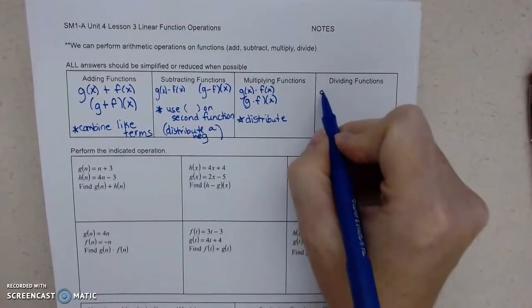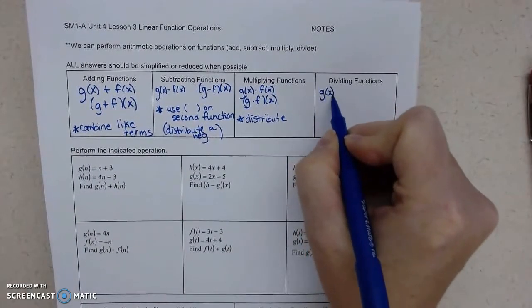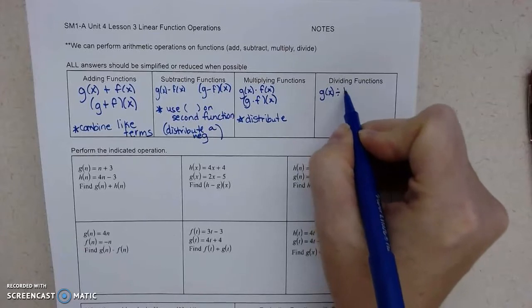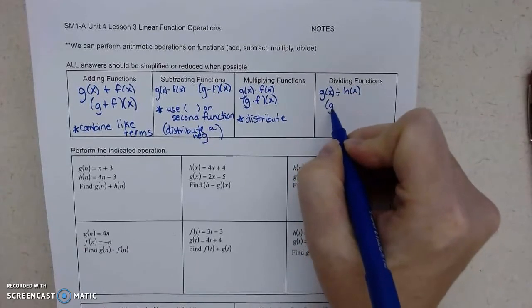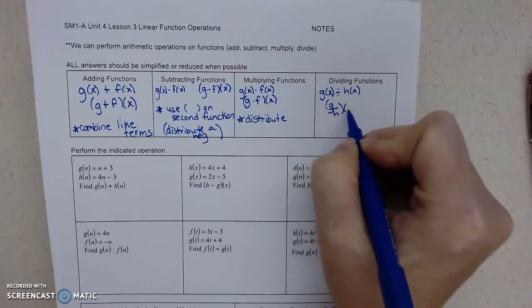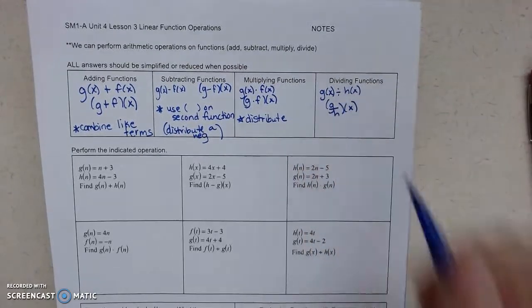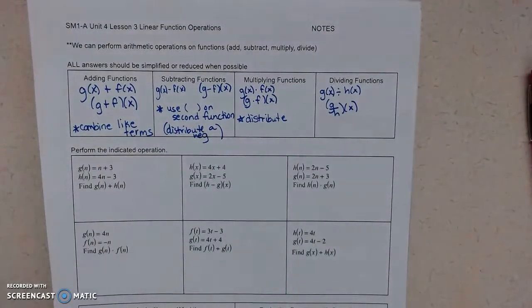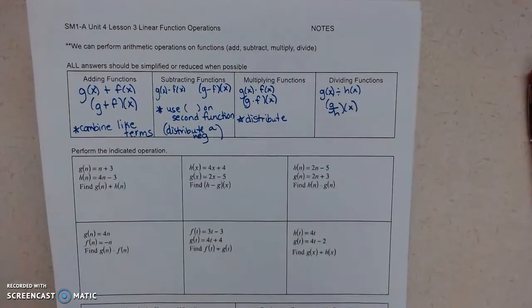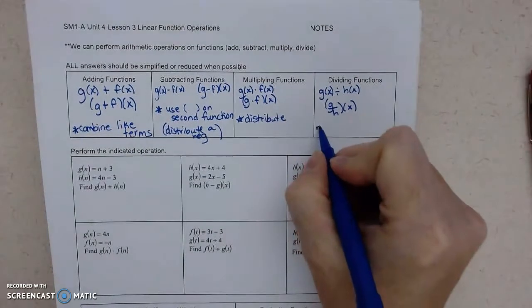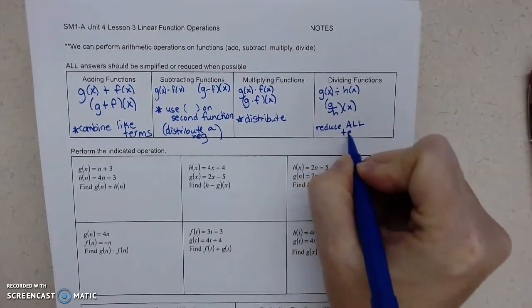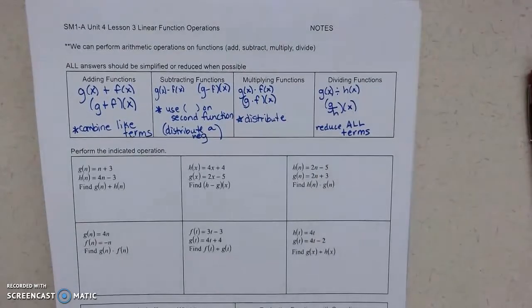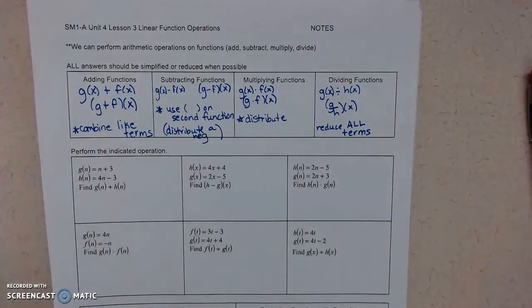For dividing functions, you might see it written with a fraction or the division symbol, either way. When you divide, this one is a little tricky, but you want to reduce all terms. So if they reduce by 2, it's by all the terms, not just one or two of them.